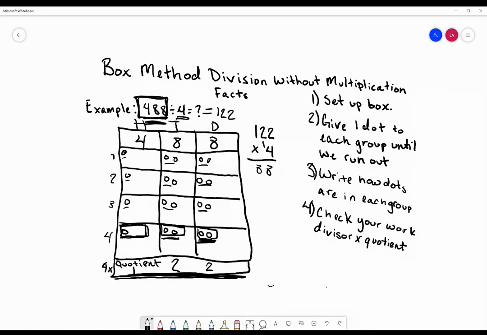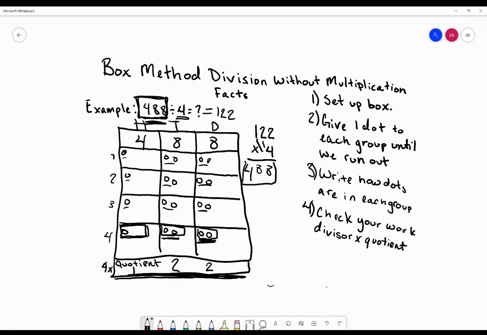And then finally, we multiply 4 times the 1 in the hundreds place. And 4 times 1 is, of course, 4. So our product, or the answer to 122 times 4, is 488.